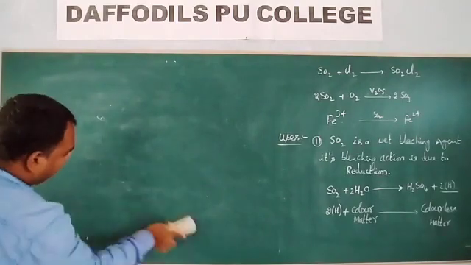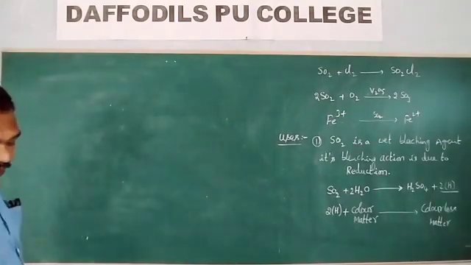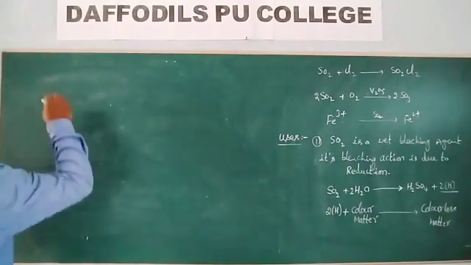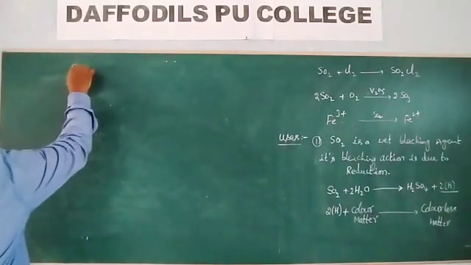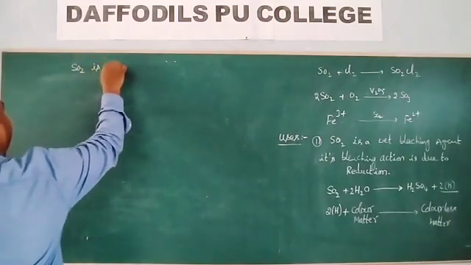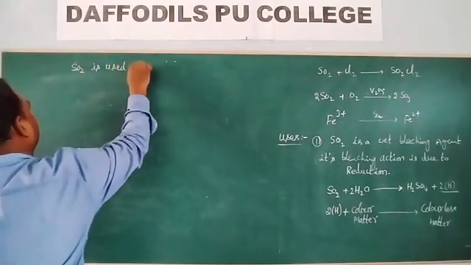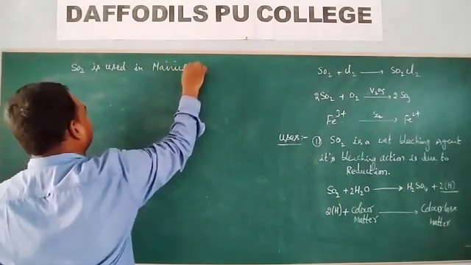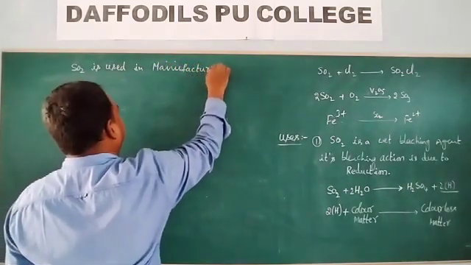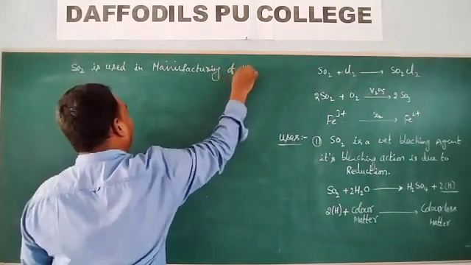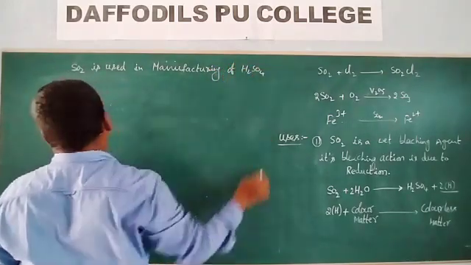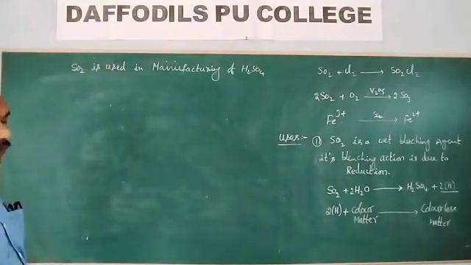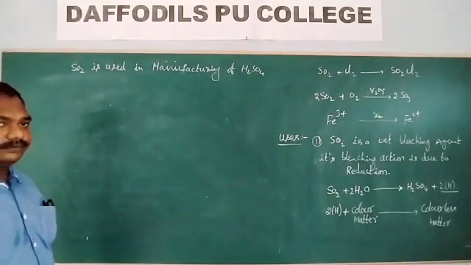Sulfur dioxide is also used in the manufacturing of sulfuric acid. So SO2 is used in the manufacturing of sulfuric acid.